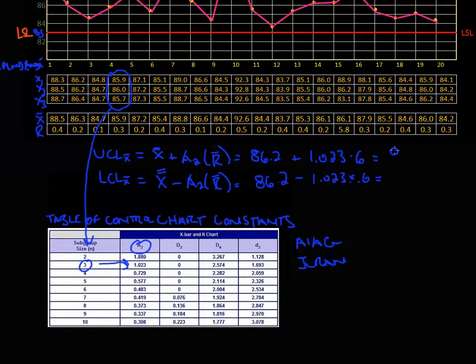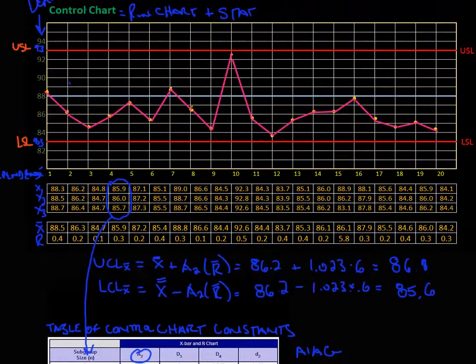So our upper control limit is going to be 86.8, and our lower control limit is going to be 85.6. Did I do my math right? 85.6, 86.8. Okay, so that's our upper and our lower control limits. This 0.023 probably drops off and becomes non-significant.